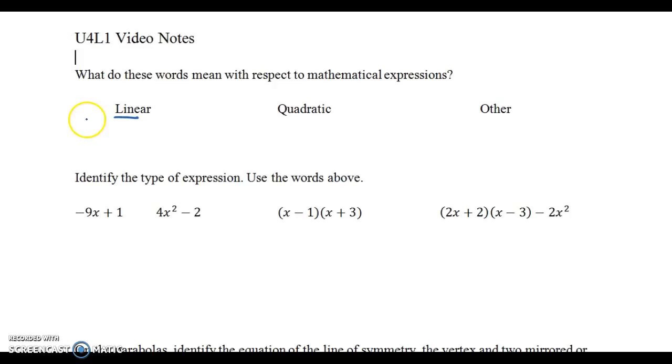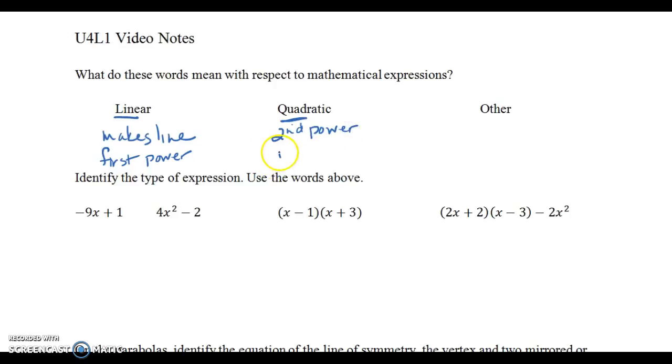We see that when things are to the first power. So linear, we want to remember it makes a line, and first power. So those are really important things. Quadratic is, quad is like squared things. So this is anything to the second power.